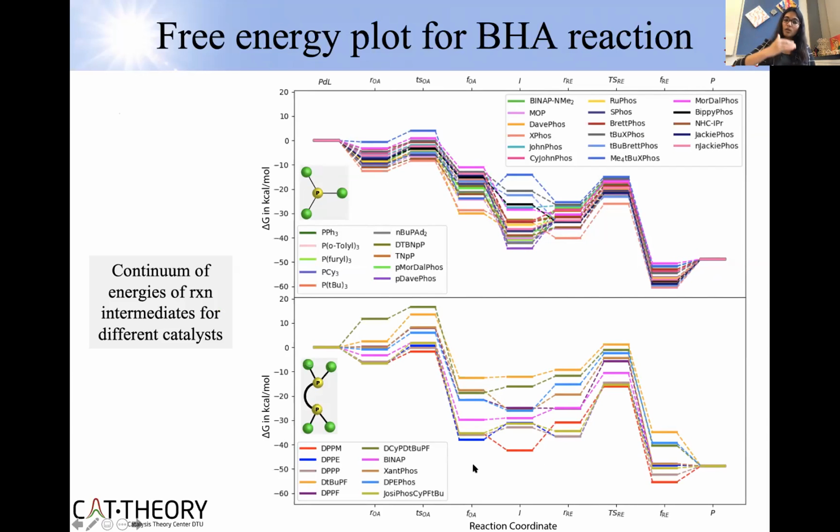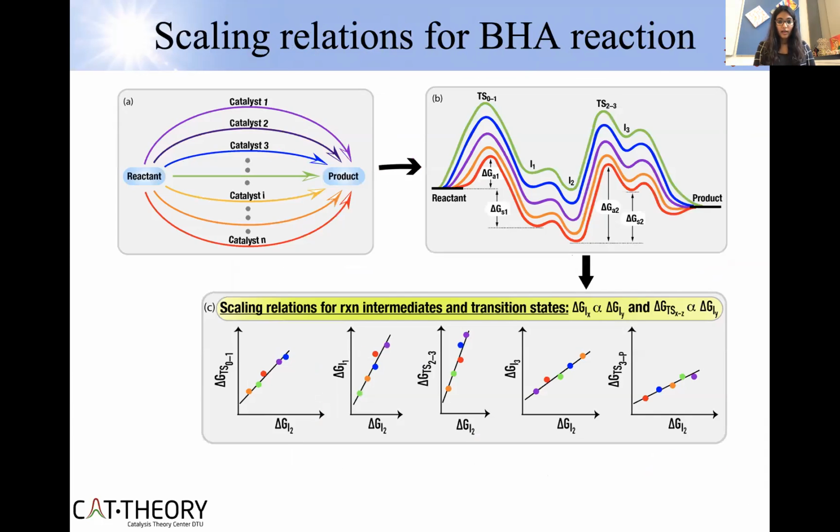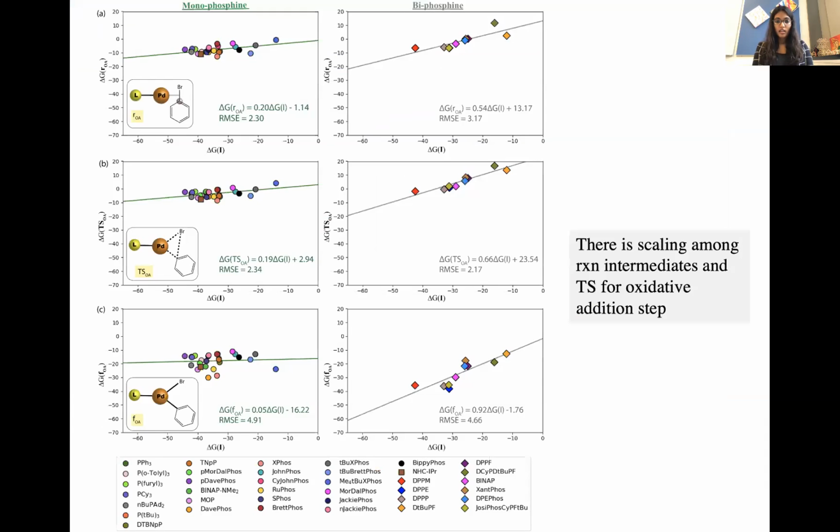There is a continuum of energy for each of the reaction intermediates for each of the ligands, and this already gives an indication of the possibility of scaling relations in this reaction. Now that we have energies for the different reaction intermediates and transition states, the next step is to deduce the scaling relations among them.